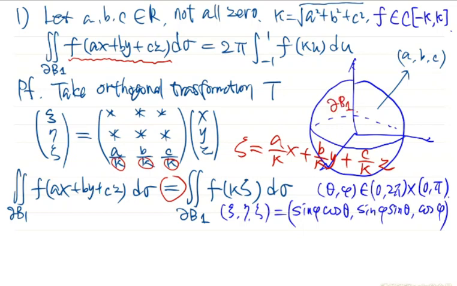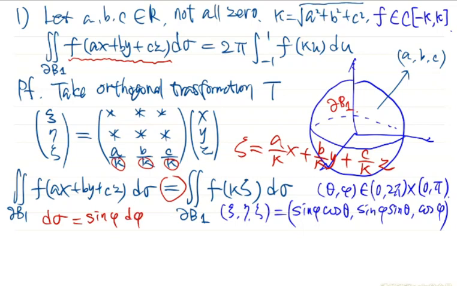Then we use this parametrization of the sphere to compute this surface integral. The surface element under this parametrization is that d sigma is sine phi d phi d theta.